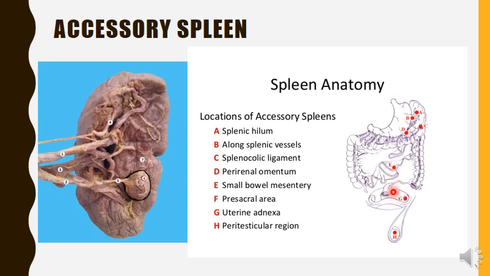Then in the presacral area, then the uterine adnexa sometimes, and in the peritesticular region also we may see accessory splenic tissue. Rarely in the left spermatic cord we can also see accessory spleens.